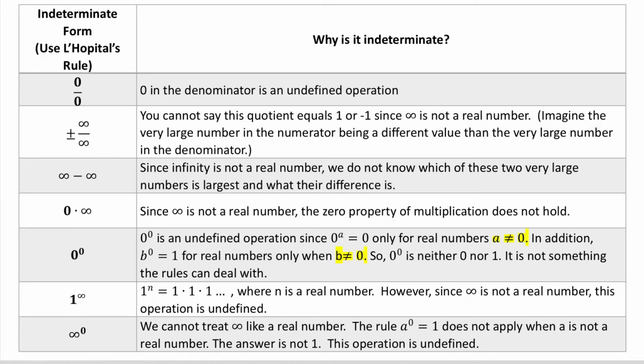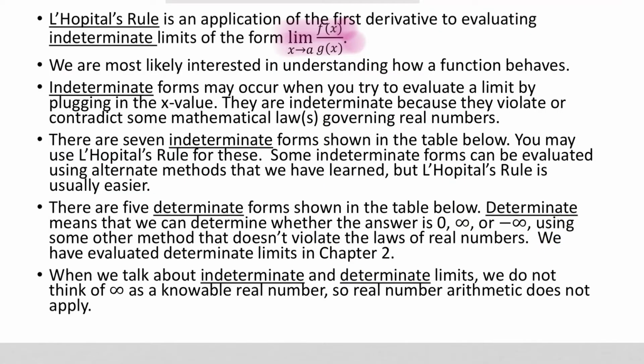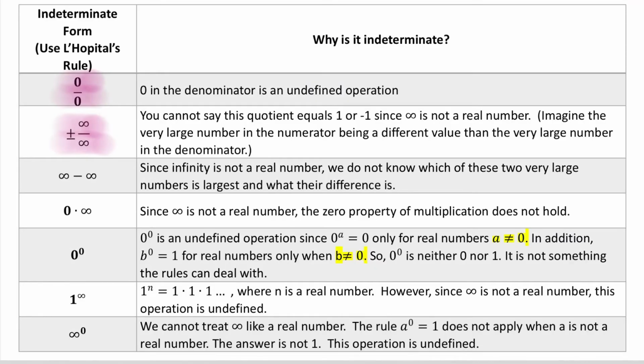So what I will say, though, about this table here is that these 2 forms, 0 over 0, plus or minus infinity over plus or minus infinity, are the forms that we want to get into our function so that it looks like this quotient setup here. And these other 5 right here can be rearranged so that we have them in this form, and that's what we're going to work at.